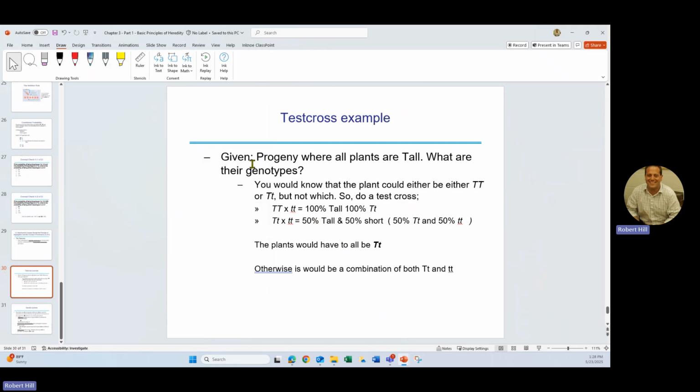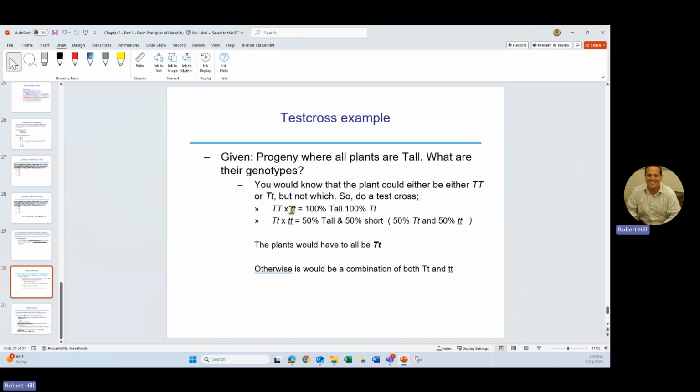There. All right, so let's do an example of a test cross. You have progeny where all the plants are tall. Let's figure out their genotypes. If the plant is tall, it could be either big T big T or big T little t, but you don't know which one. So you could do a test cross to figure that out. We're going to take each of these genotypes and cross it with the homozygous recessive.